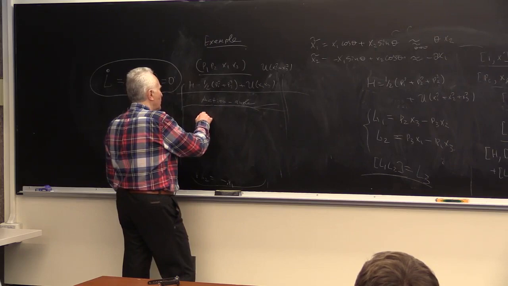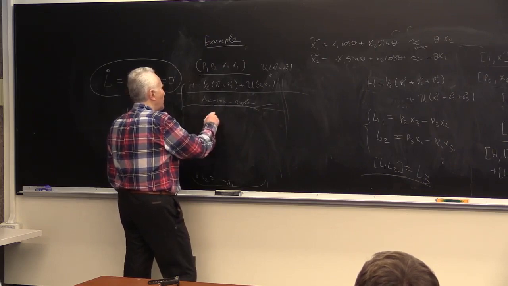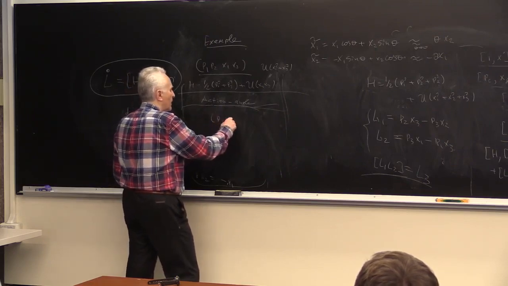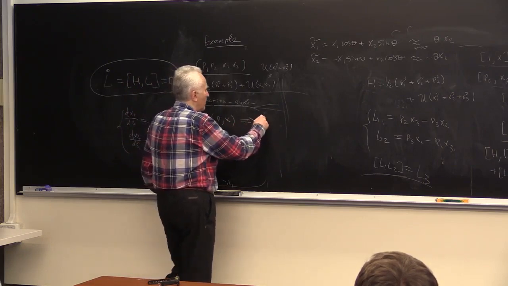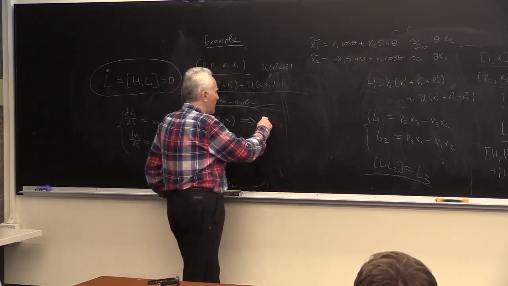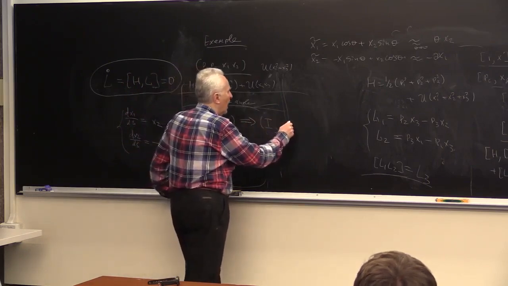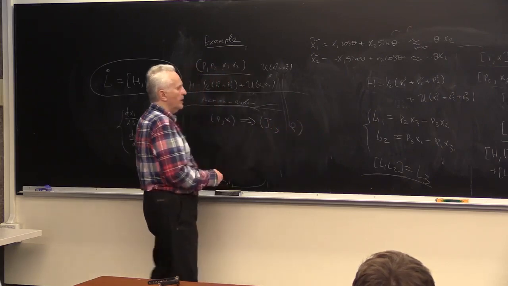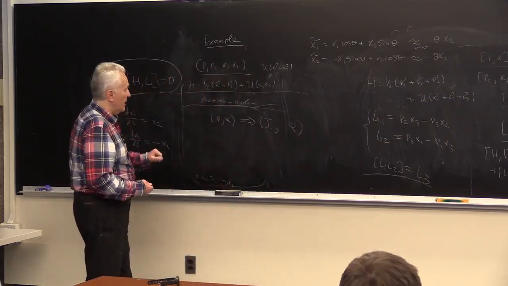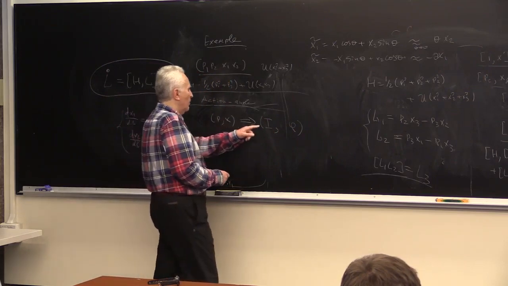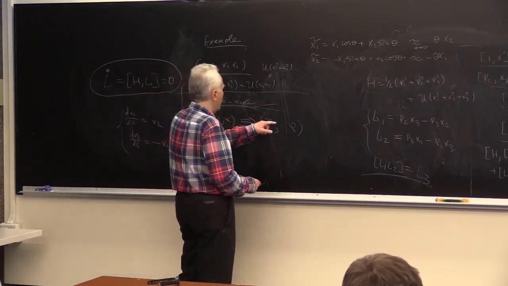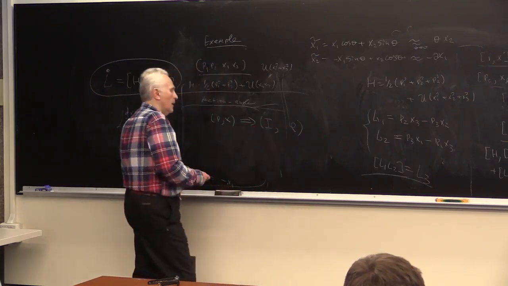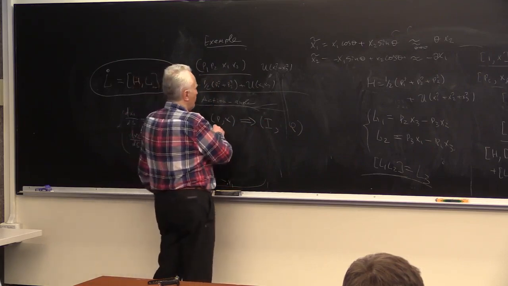We have original variables p and x. We want to make a canonical transformation to new variables, which I will call I and phi, following the traditional notations. I is a new momentum, and it's called the action variable, and phi is the angle variable.